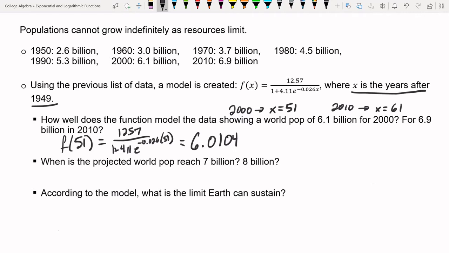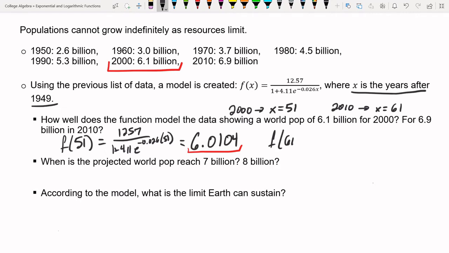Yep, looks good. Okay, so it estimates 6.01 for the year 2000, which is a little bit low, right? 6.1 was the actual data found, and this one says in 2000 it should be 6 billion. So it's a little low, but it's still pretty close. I mean, it's not like saying 4 billion people.